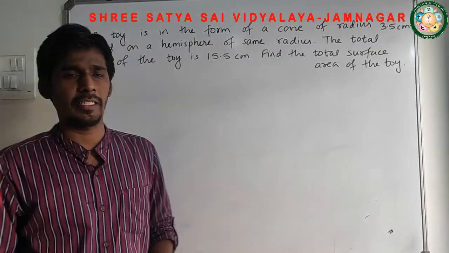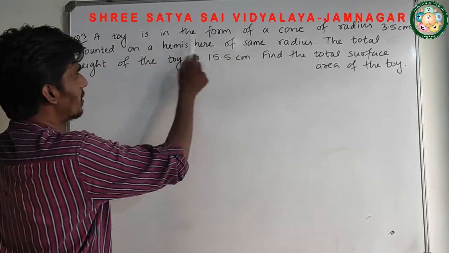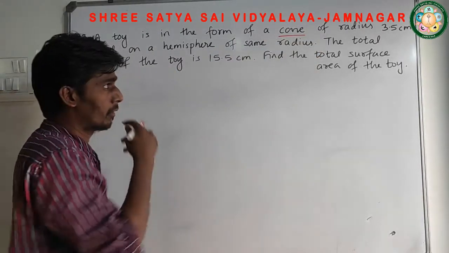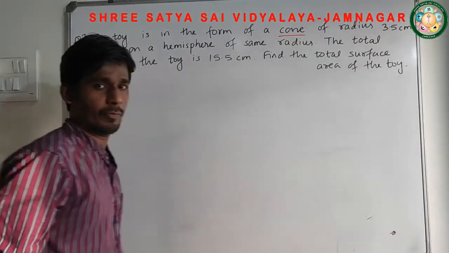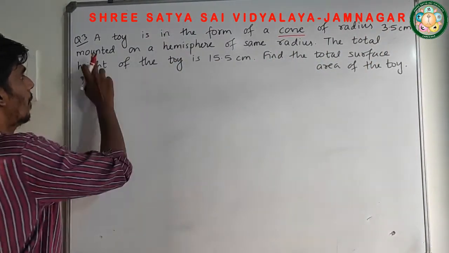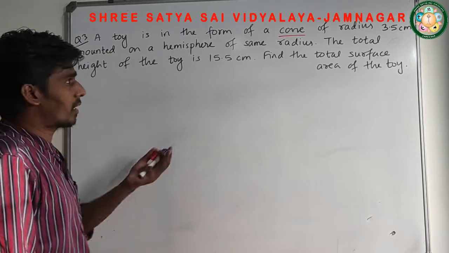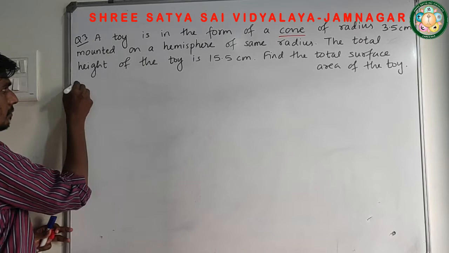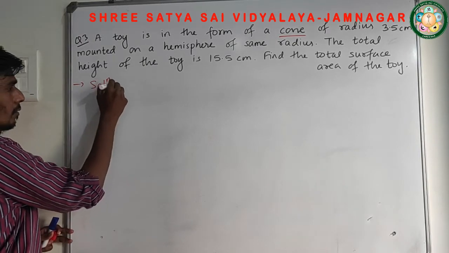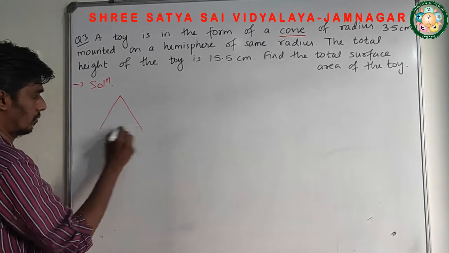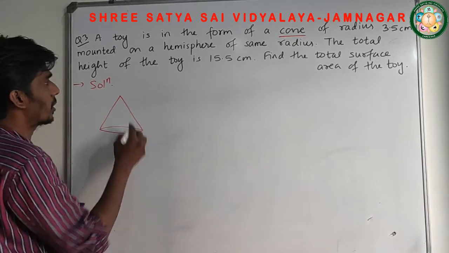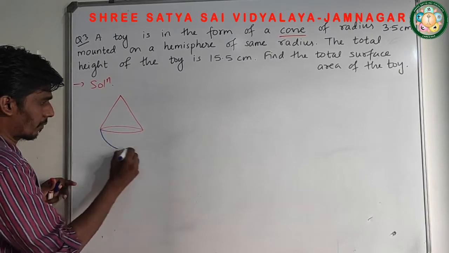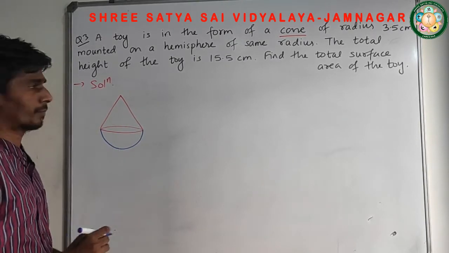Let's start with question number 3. A toy is in the form of a cone. So first of all, which solid is given? A cone of radius 3.5 mounted on a hemisphere. Means a cone is mounted on a hemisphere, on top of the hemisphere.